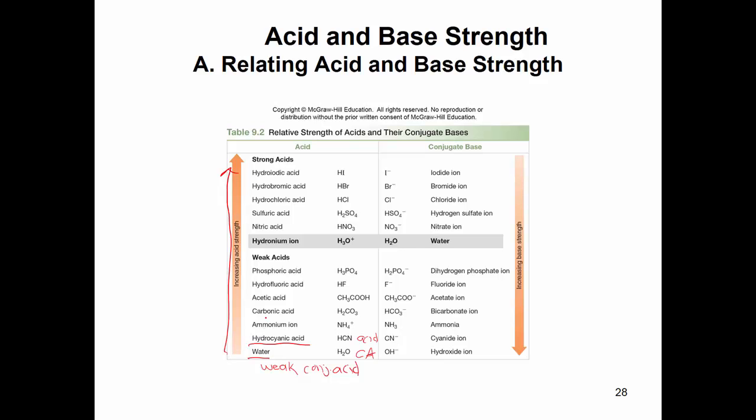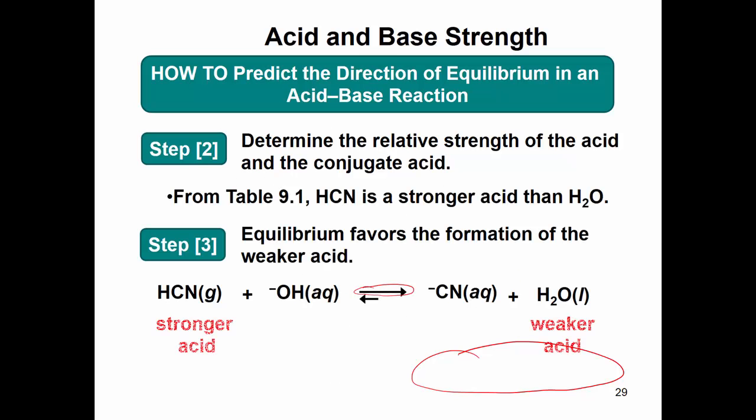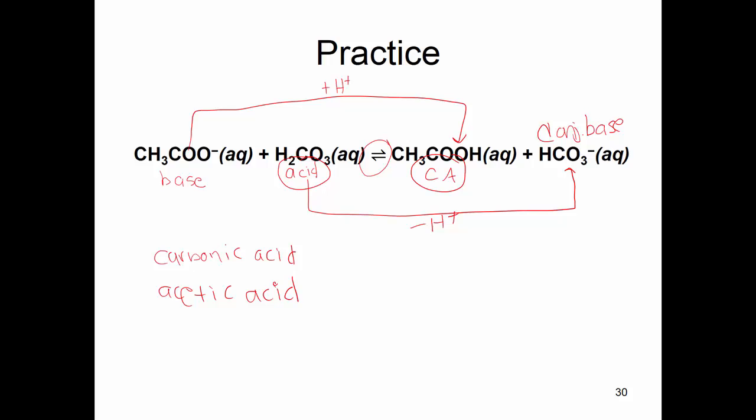Okay, here is carbonic and here is acetic. Okay, carbonic is weaker, right? Because as you move up, it gets stronger. So carbonic acid is weaker than acetic acid. So if we look here, this is weaker.